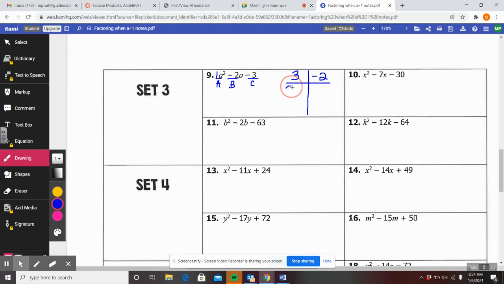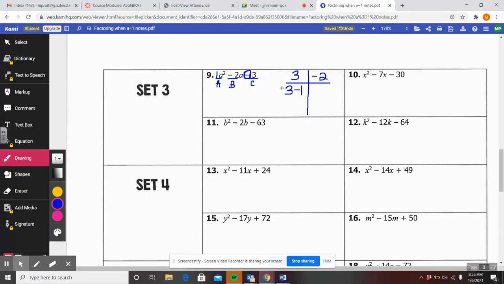So my factors of 3 are 3 and 1. Look at this sign. We are subtracting. So that means one of them's a positive and one of them's a negative, okay? So if I just did 3 minus 1, that would give me a positive 2, right? So when that happens and you need the opposite sign, what should it be?